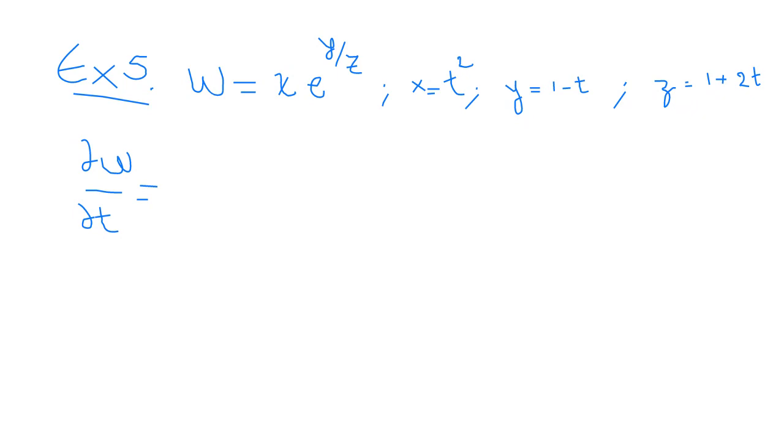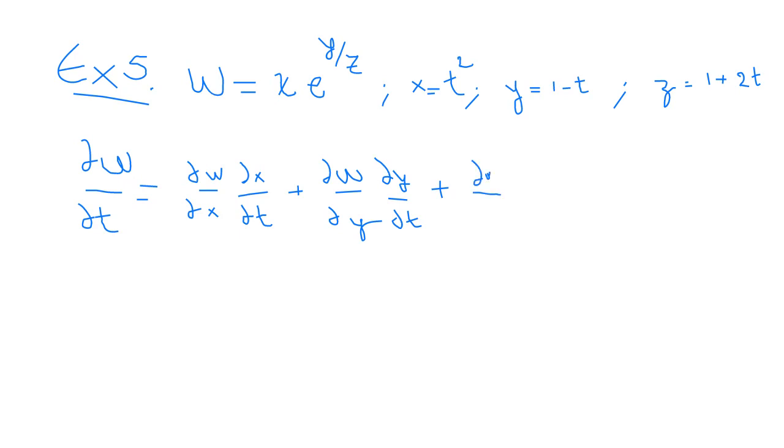Since X, Y, Z are expressed in terms of T, the independent variable is T, X, Y, and Z are the intermediate variables, and the dependent variable is W. So the derivative of W with respect to T would be dW over dx times dx over dt, plus dW over dy times dy over dt, and finally plus dW over dz times dz over dt.